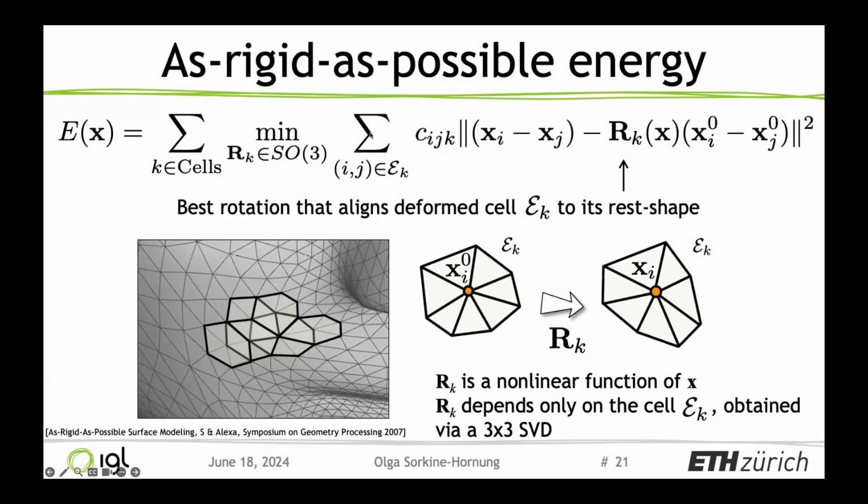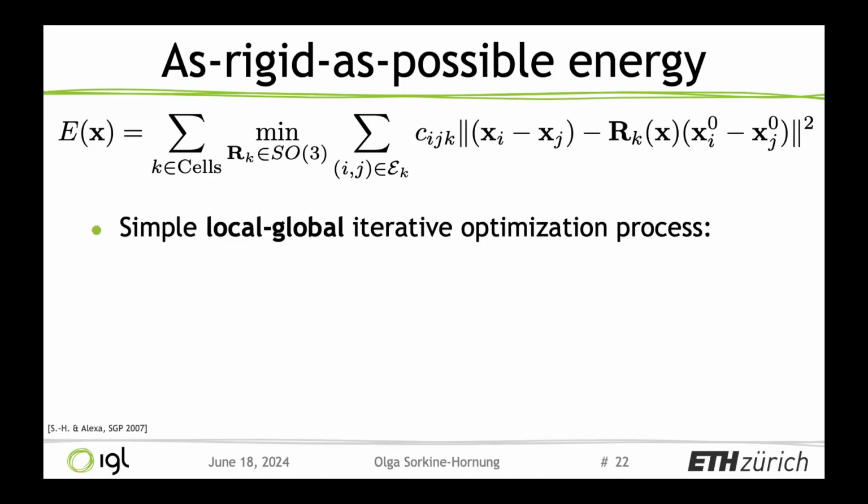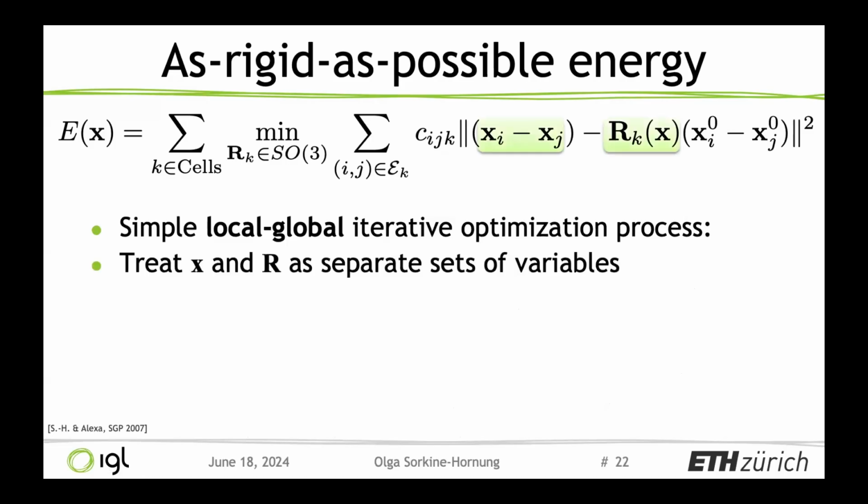So yes, the energy is nonlinear. It's actually very funky with this mean formulation, but when you break it down, it actually has a very efficient optimization scheme. And it works like this. It's basically just a simple local-global procedure where we start with treating the deformed positions X and these local rotations as separate sets of variables.